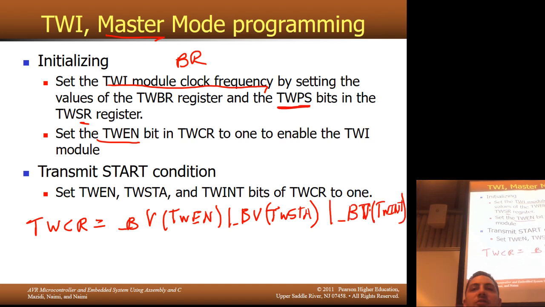So it's a little strange. We don't do OR-equals in this because it just slows us down. We're just going to overwrite the control register every time we want something to happen. So we've got to leave the enable on. To send the start condition, we have to both set start and set the interrupt bit high.